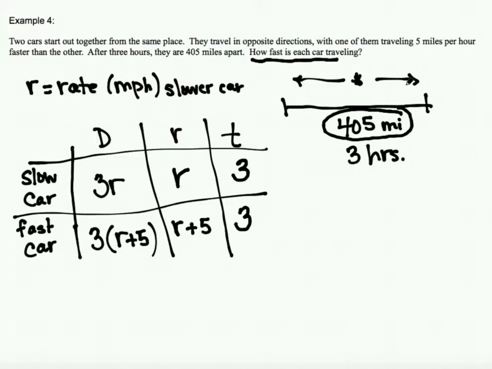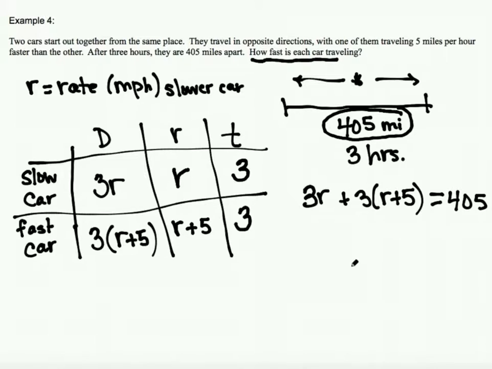Those two distances together is going to give us the 405. So I'm going to add those two together. The distance of the slow car, 3R, plus the distance of the fast car, 3 times R plus 5, should equal a total of 405 miles.